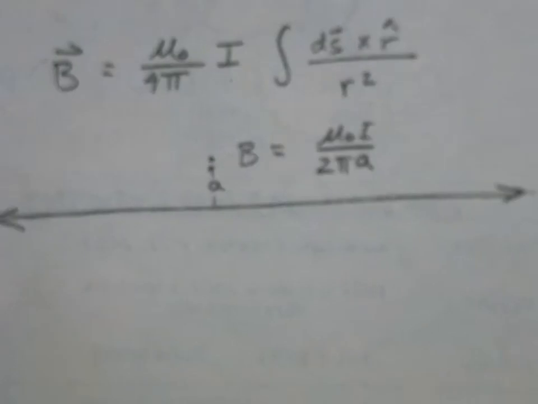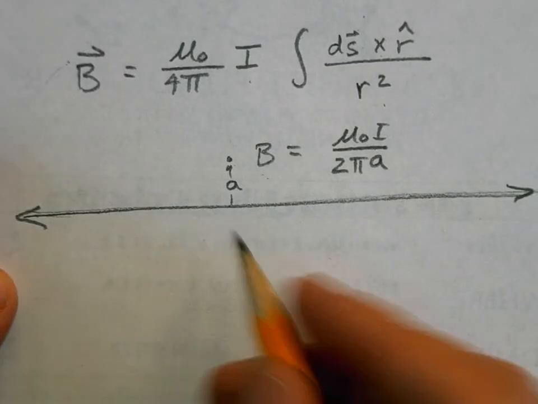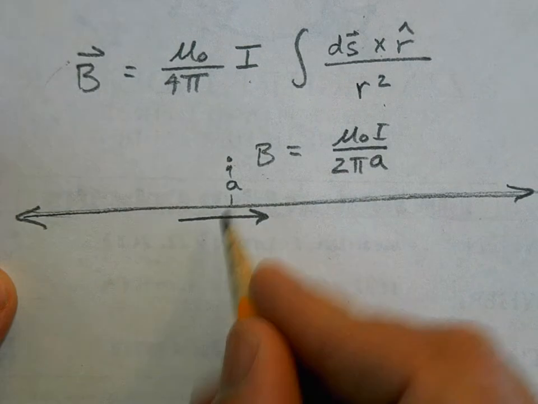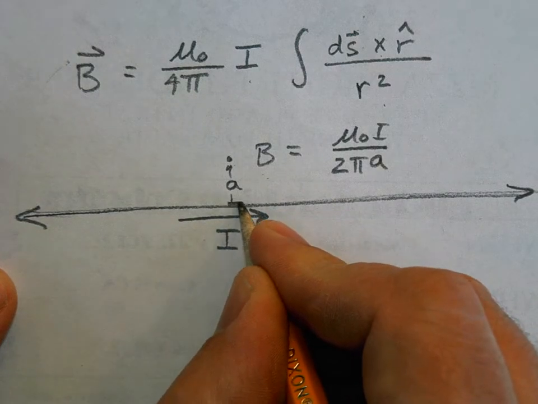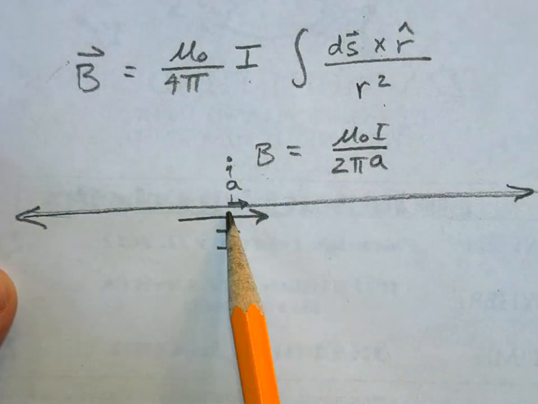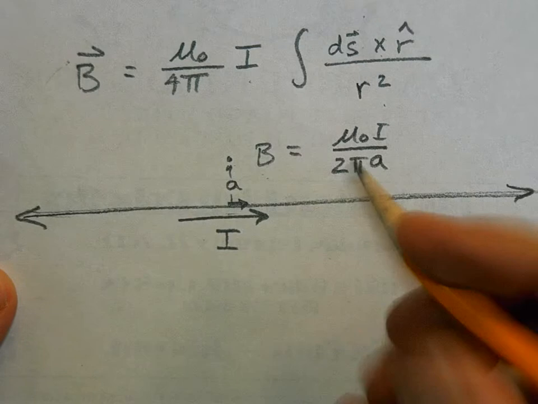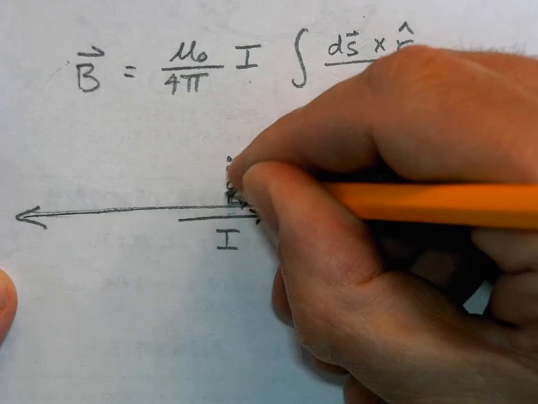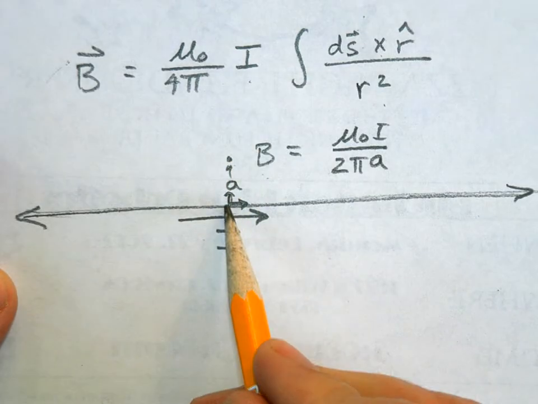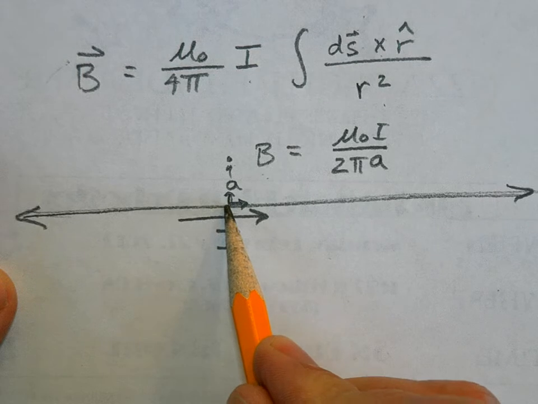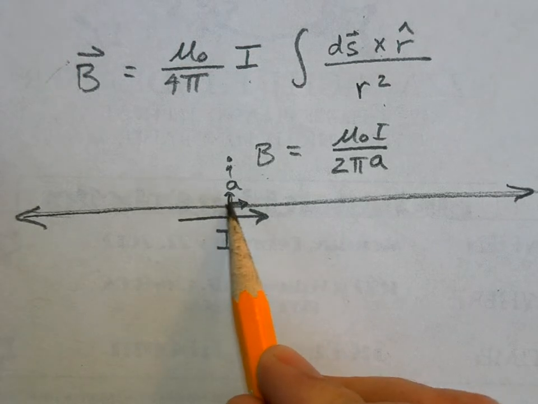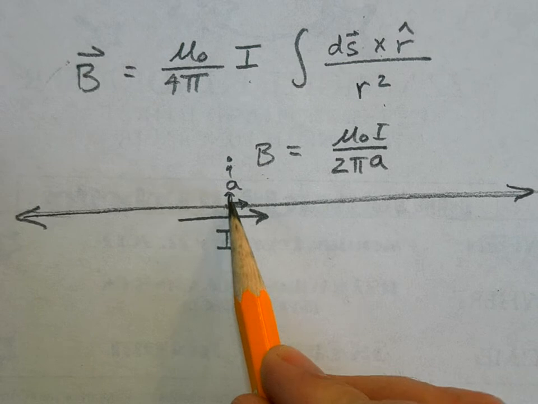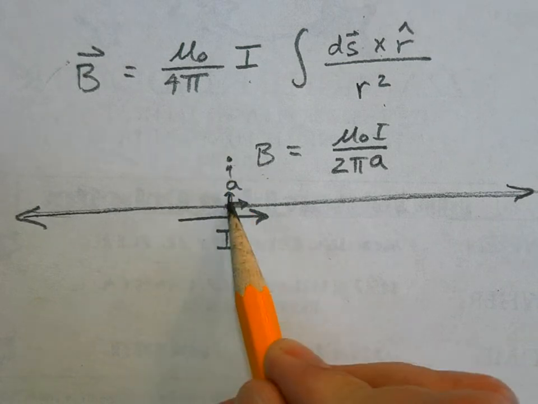So let's say here's my current I running through this long wire. I'm going to pick a little ds right here, and ds is to the right. Now what's r hat? R hat is from the little infinitesimal line segment that I'm looking at, my ds, to my location in space.